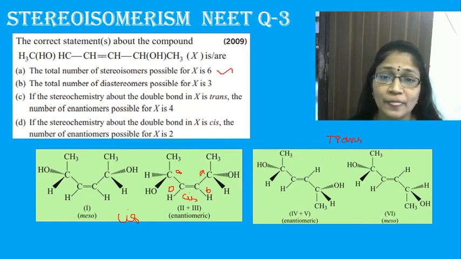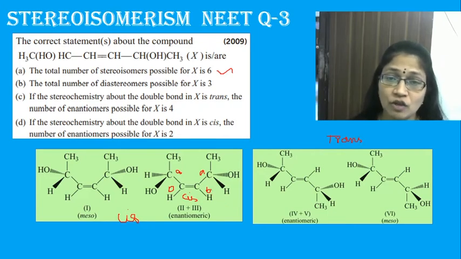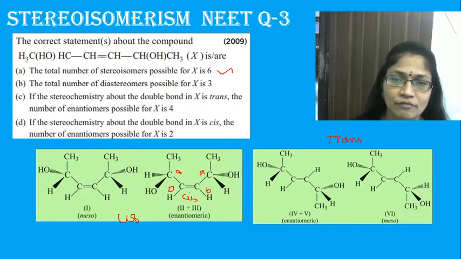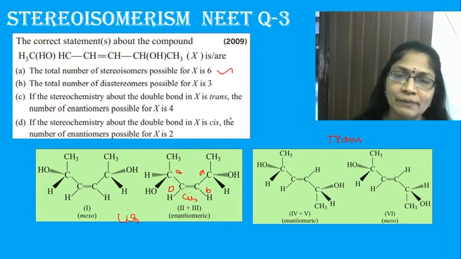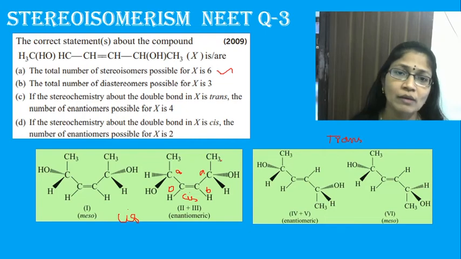Diastereomers means what? The mirror image of an enantiomer is an enantiomer. For this also the same. If these two are opposite to these two, they will be the diastereomers. For this first one and this one, and for the mirror image of those two, those will be the diastereomers. So overall, diastereomers is also 4, but diastereomers as 3 is wrong.